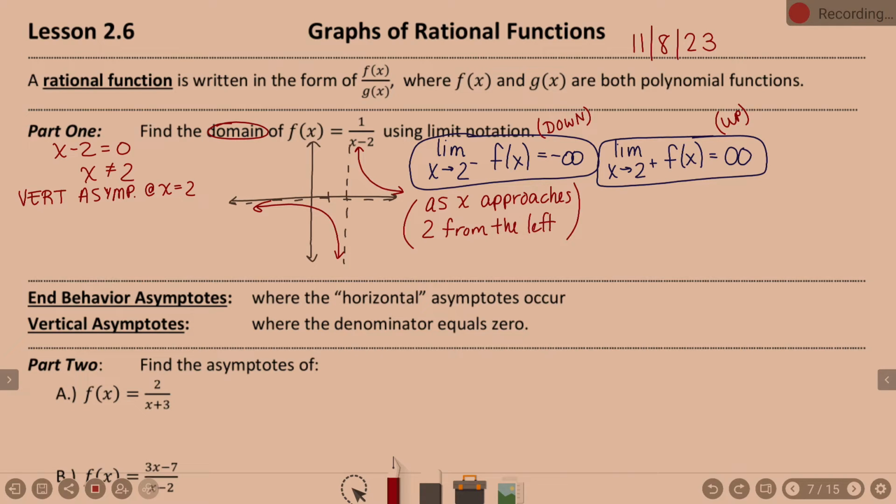This one says as x approaches 2 from the right.